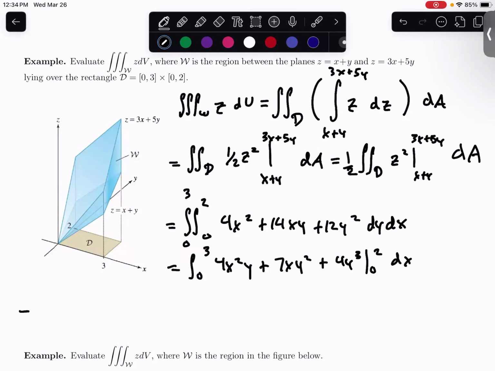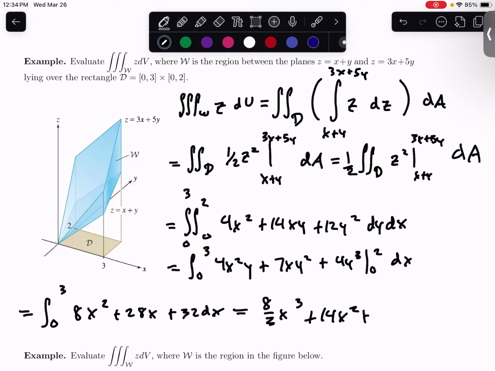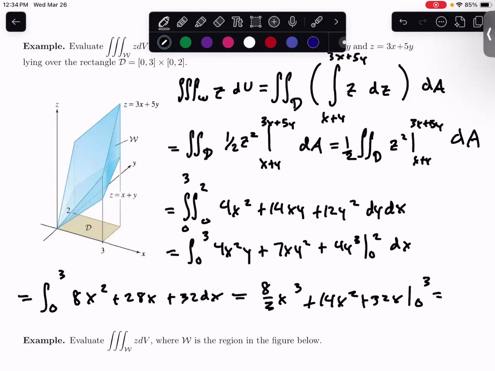If you plug in y is equal to 2, and subtract what you get when you plug in y is equal to 0, you get the integral from 0 to 3 of 8x squared plus 28x plus 32 dx. And then if you compute this integral, this is just going to be 8/3 x cubed plus 14x squared plus 32x, going from 0 to 3. And if you plug in x is equal to 3, you end up getting 294.